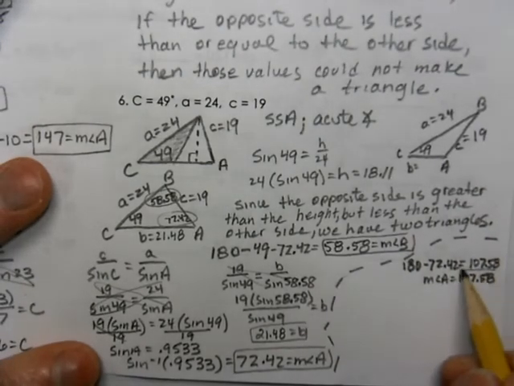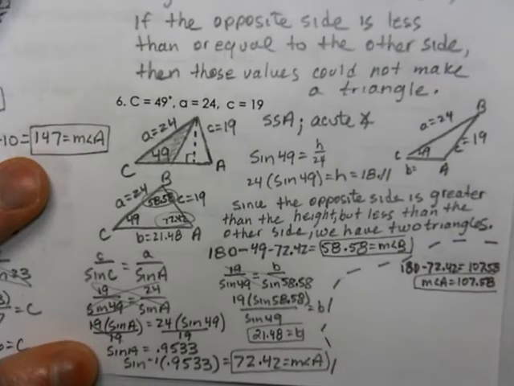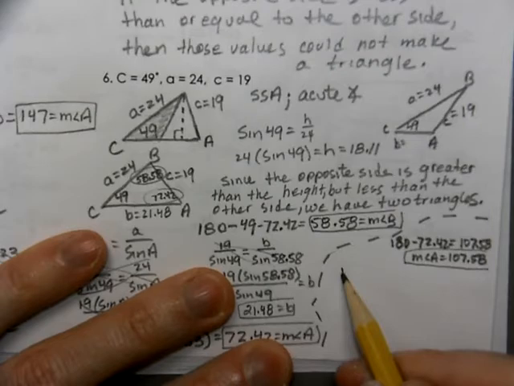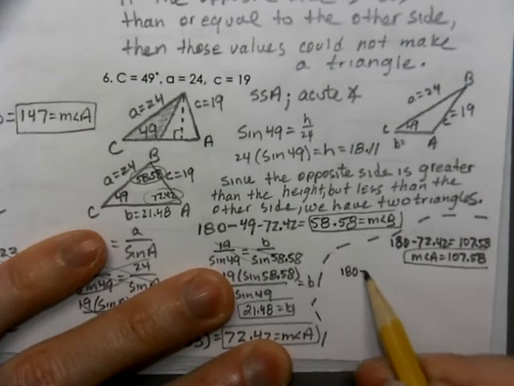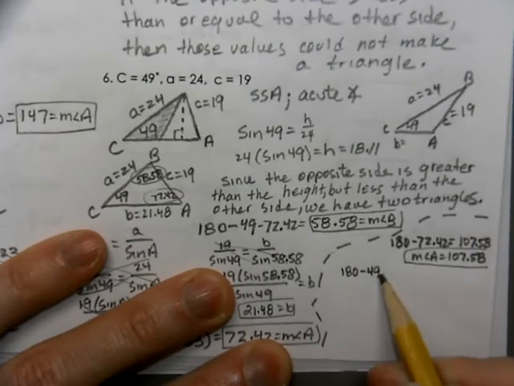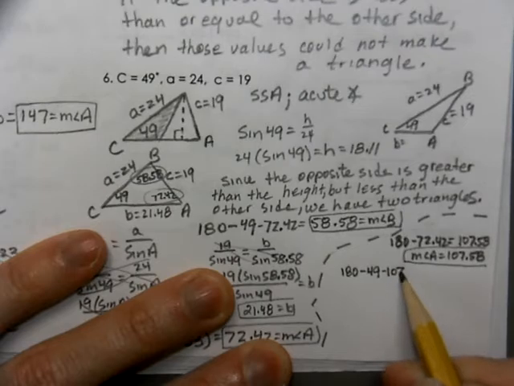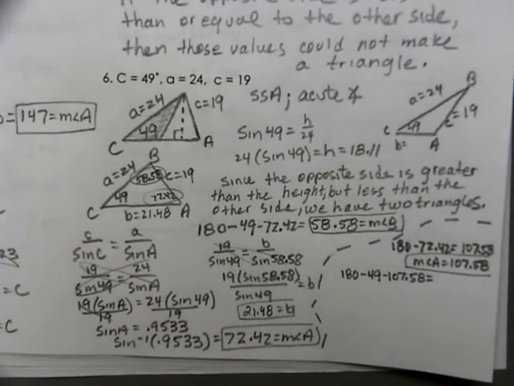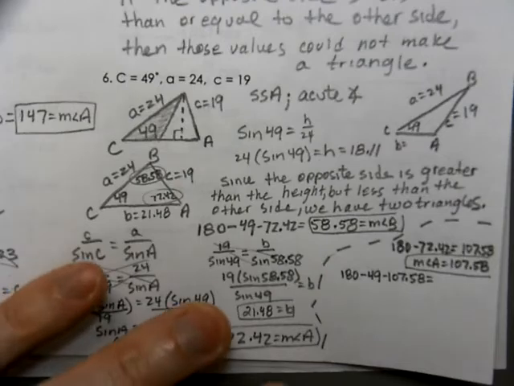And once we figure out 107.58, then we can find out angle B by saying 180 minus the original 49 minus the 107.58, that's going to equal our last angle of 23.42.